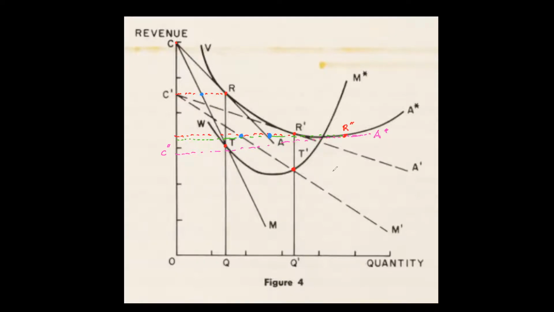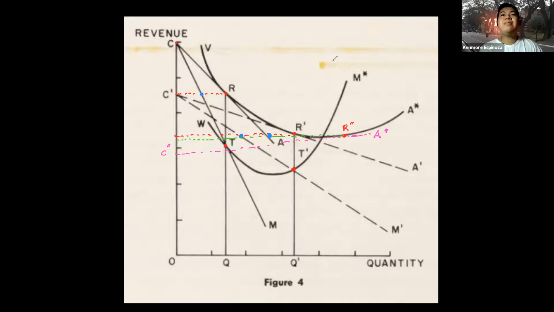So, from that point, you draw another straight line that intersects to that point from C double prime to get your marginal point.